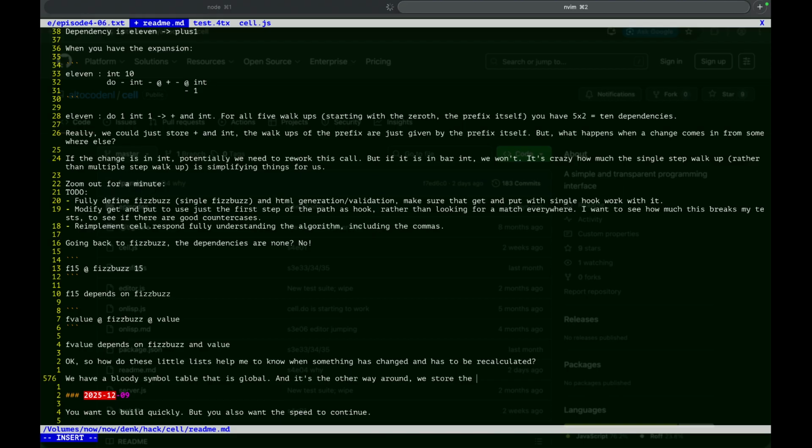We store the ones that are being called. So it's a dependence graph, not dependencies.